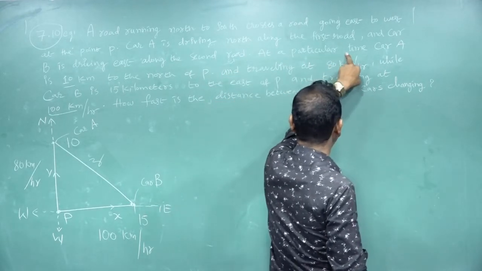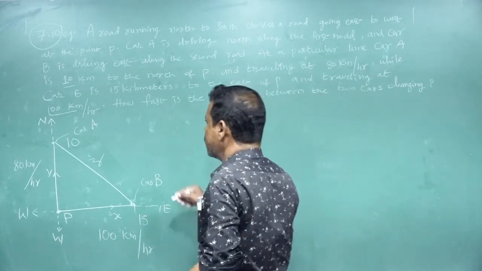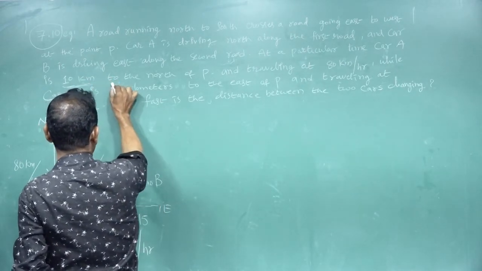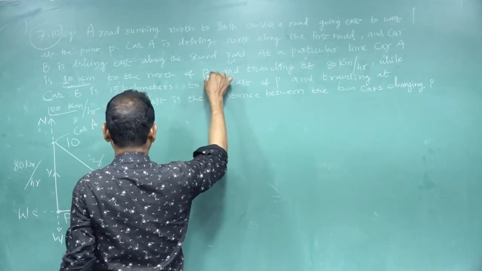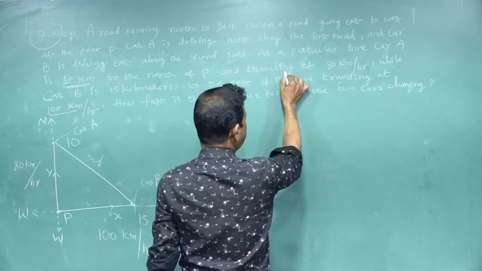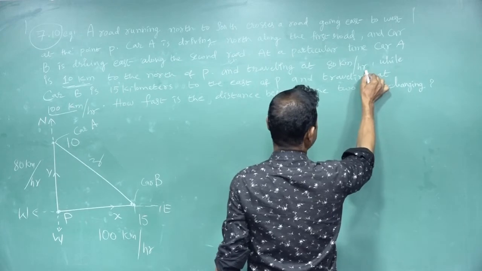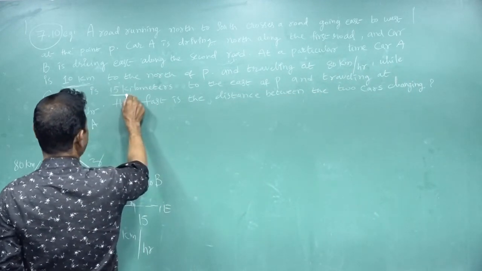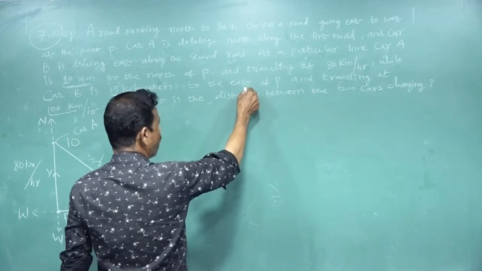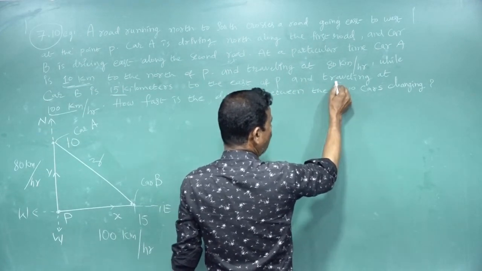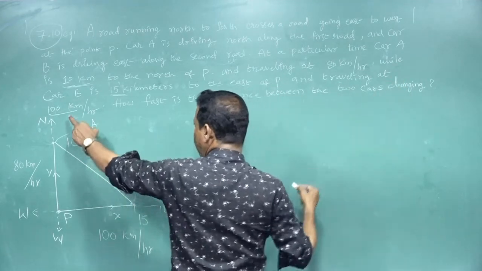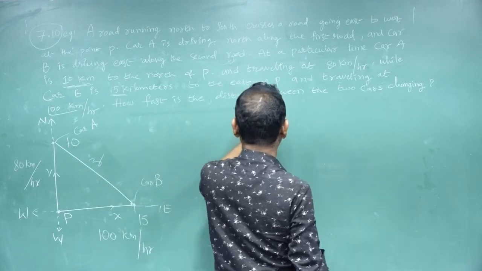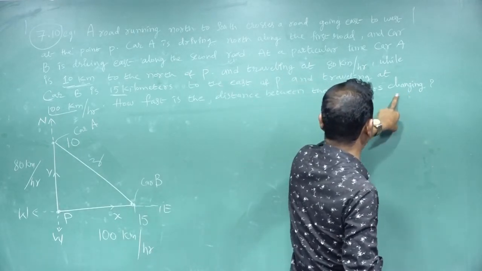At a particular time, car A is 10 kilometers to the north of P and traveling at 80 kilometers per hour, while car B is 15 kilometers to the east of P and traveling at the rate of 100 kilometers per hour. How fast is the distance between the two cars changing?